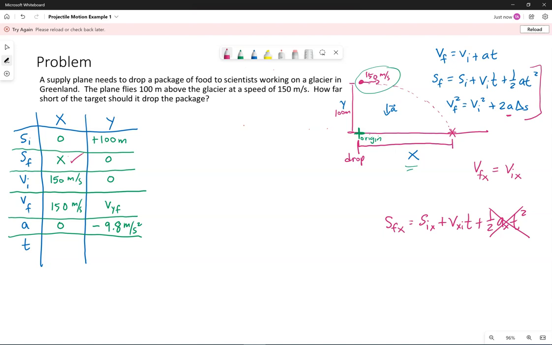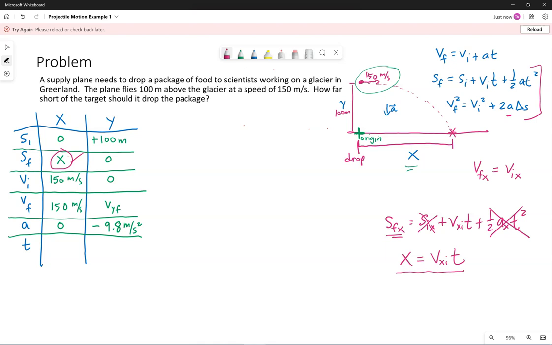And so our equation for the horizontal portion of the motion simplifies to be the final x position, which I have just called x over in our table. In this case, because of our choice of origin, there's no initial x position. So this distance x that we're trying to find is going to depend on that initial x velocity, which we know, 150 meters per second, and then time, which we do not have.